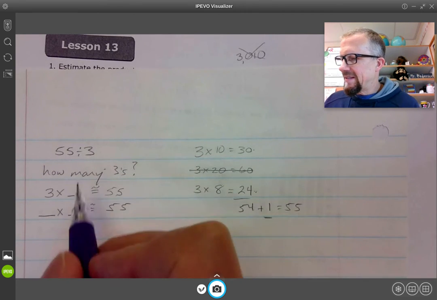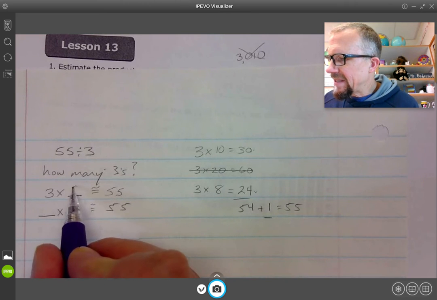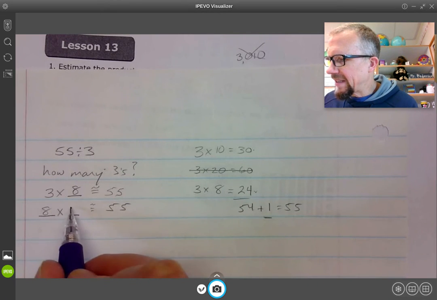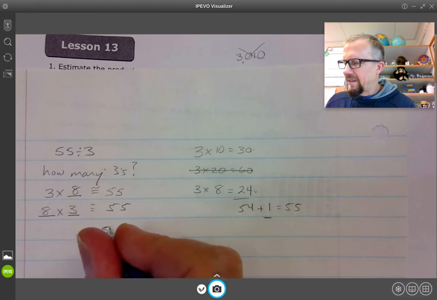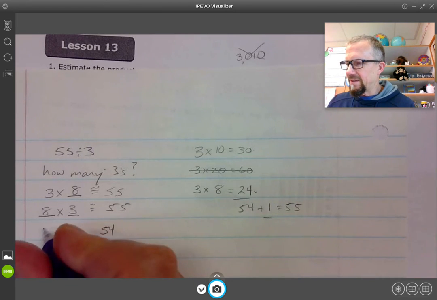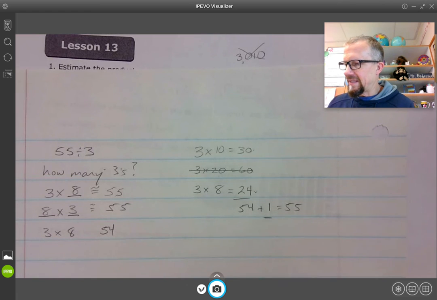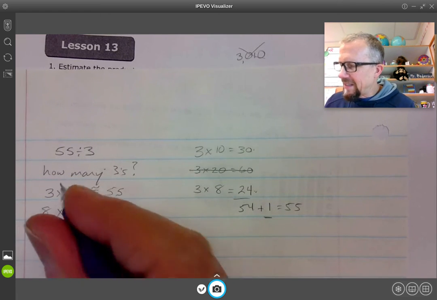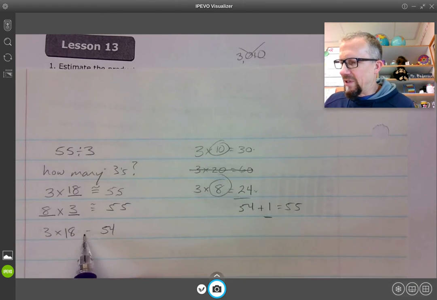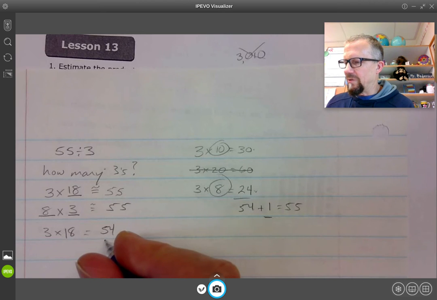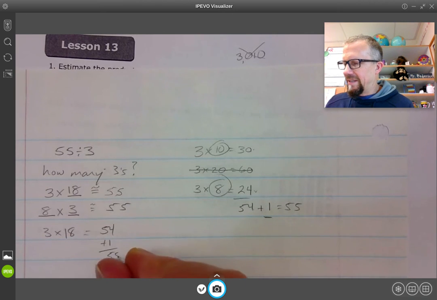So what we are saying is 3 times 8, or 8 times 3, is almost 55. It's actually 54. So 3 times 8, sorry, 3 times 18, because I have a 10 and an 8. 3 times 18 was 54, and then 54 plus 1 is 55.